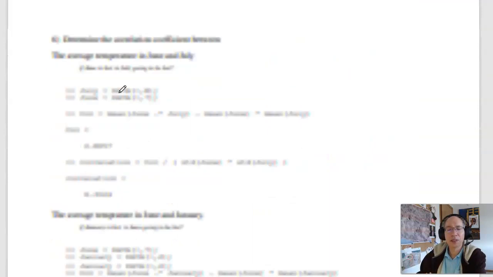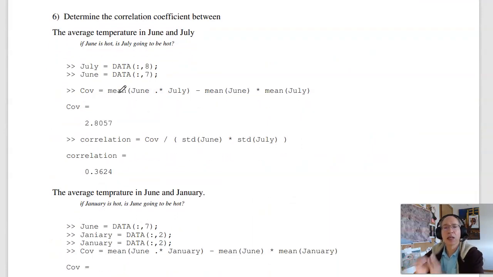Problem 6 is correlation. If it's a hot June, is it going to be a hot July? Well, there you do the correlation coefficients. The covariance is the mean of x times y minus the mean of x times the mean of y. That's the covariance. The correlation is the covariance divided by the standard deviation of x times the standard deviation of y.